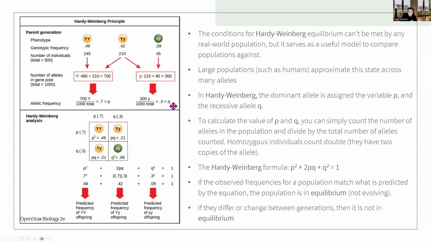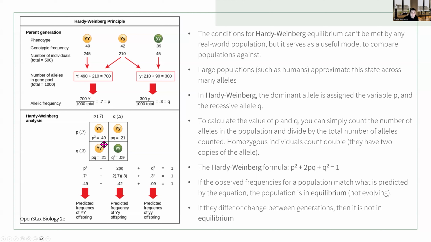We can now apply that to the Hardy-Weinberg formula, which is basically calculating the frequencies of the Punnett square. What's the frequency of being homozygous dominant? 0.7 times 0.7 gives you 0.49. What's the frequency of being a heterozygote? It's 0.3 times 0.7, but you have to double it.